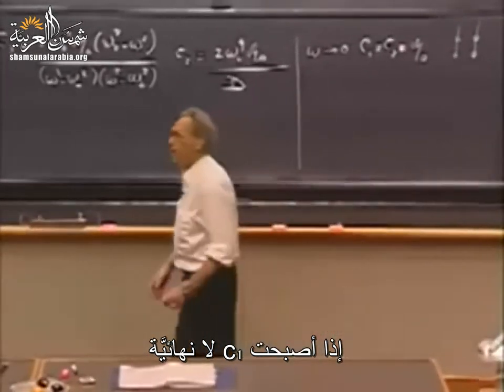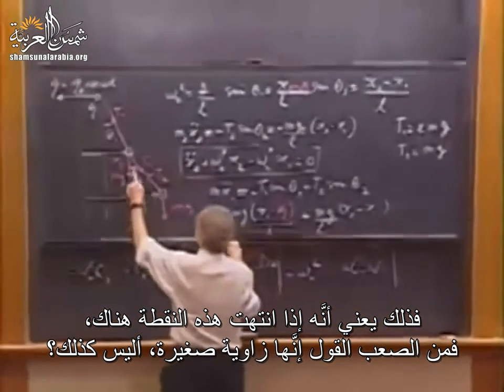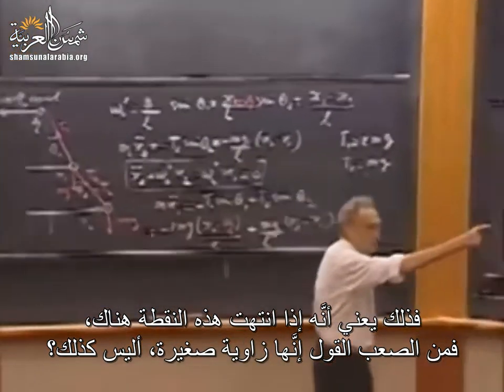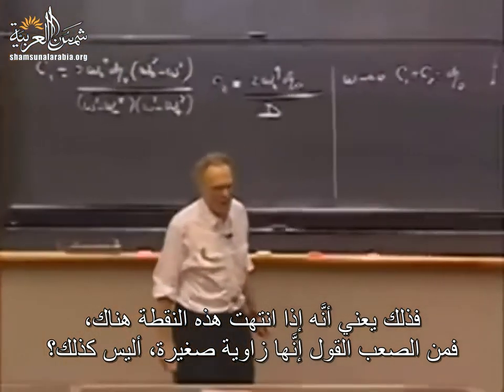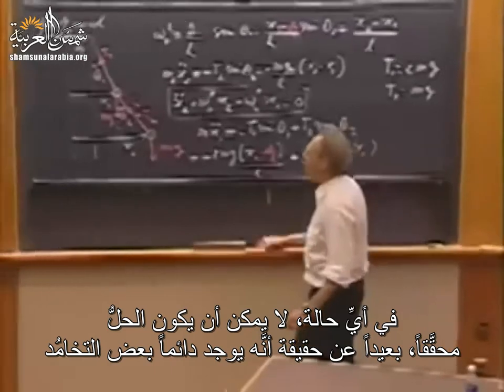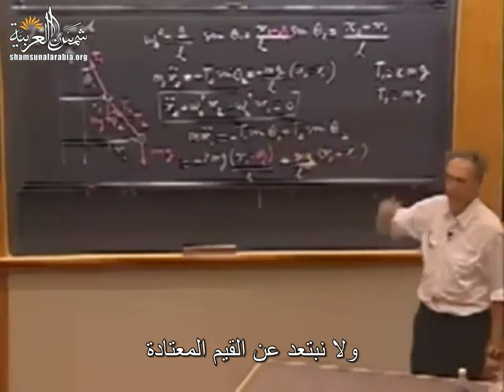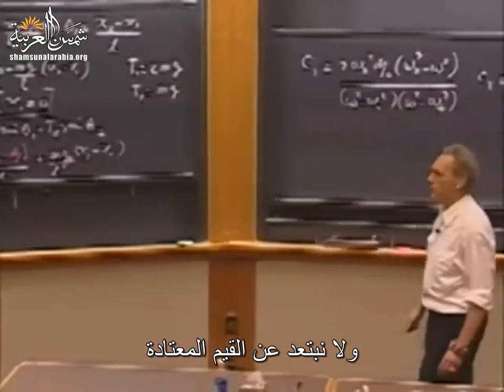For one thing, if C1 became infinity, that means if this point here ends up there in the hole, it's hard to argue that it's a small angle, right? So in any case, the solution wouldn't even hold, apart from the fact, of course, there's always some damping, and so we never go completely off scale, so to speak.